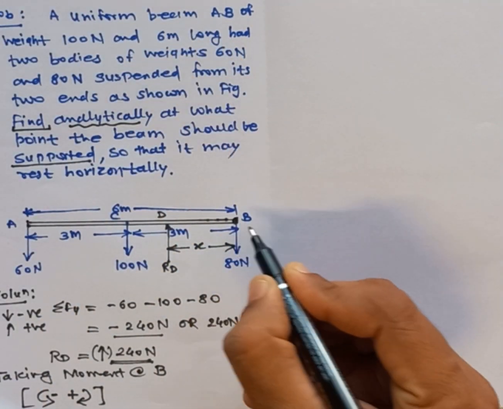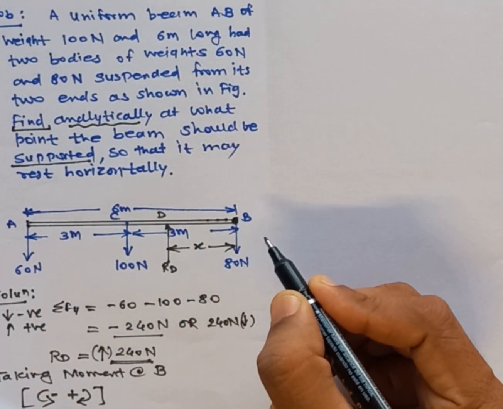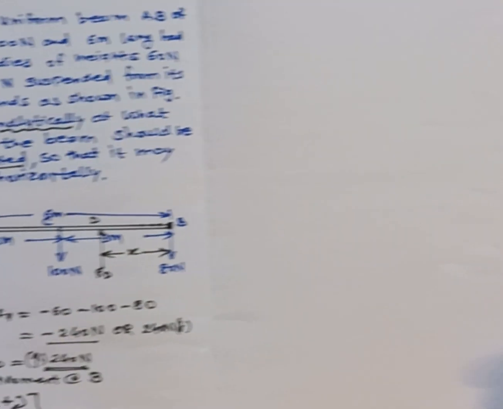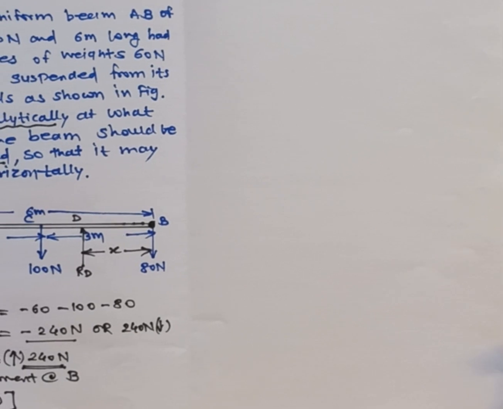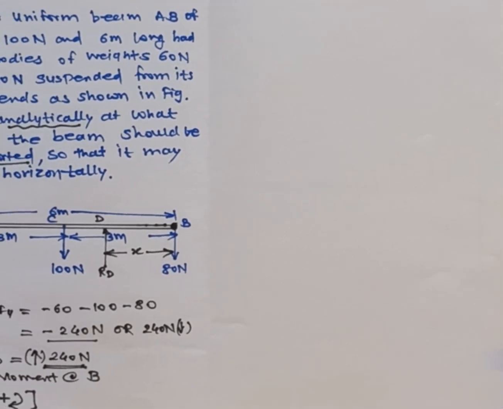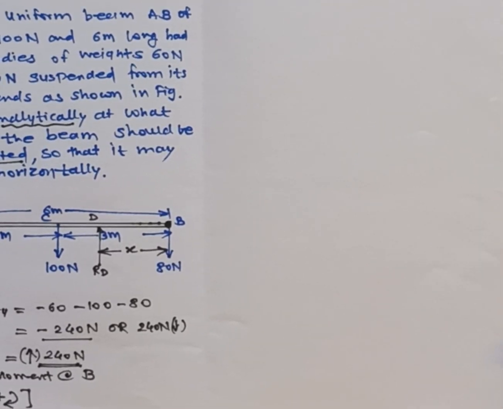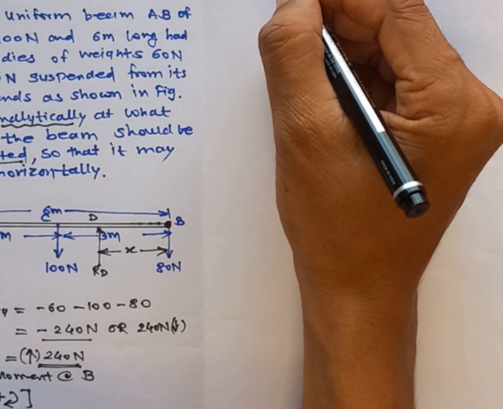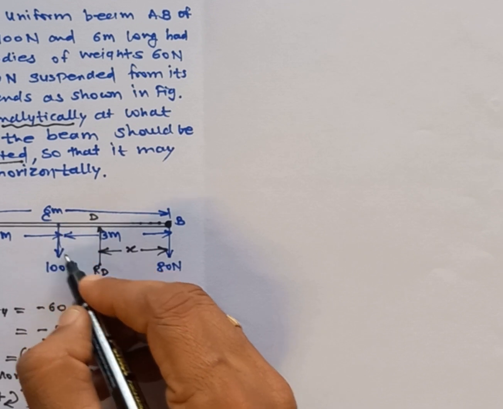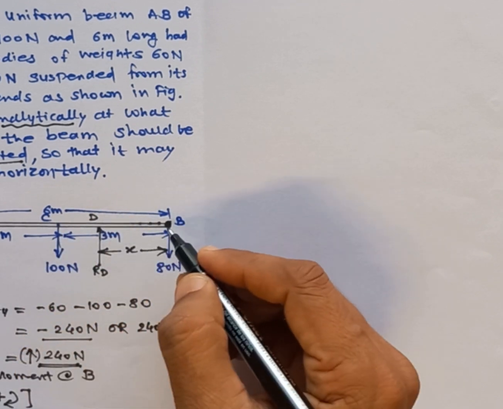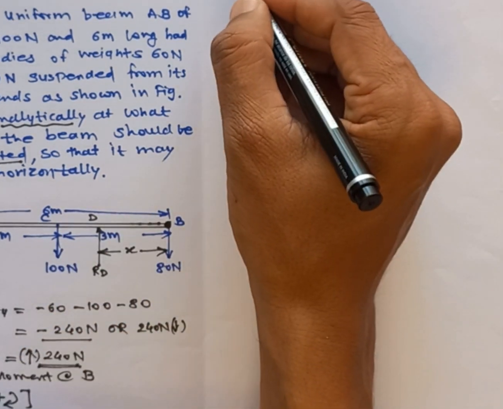This point here, I'm just making it dark. So let us take moments, starting from point A, then from C, and then the moment of this upward force about B.